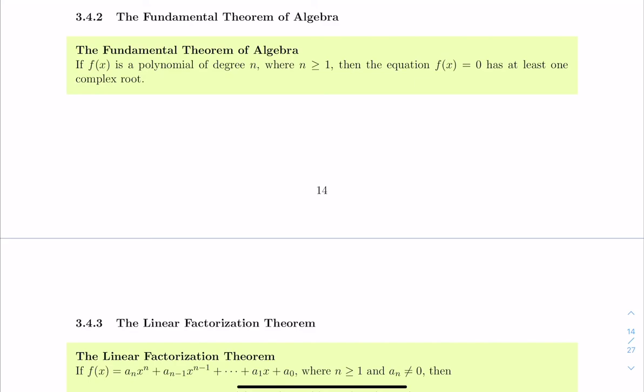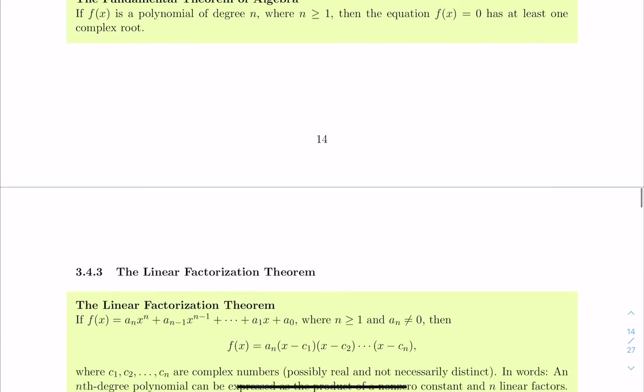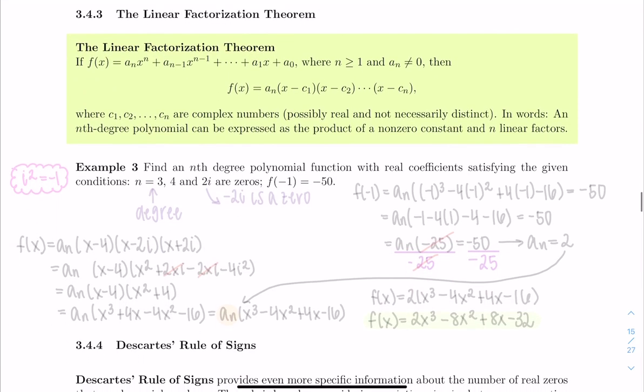The linear factorization theorem says that if f of x is a polynomial where n is greater than or equal to 1 and a sub n is not 0, then f of x is equal to a sub n times x minus c1, x minus c2, all the way down till x minus cn, where c1, c2, cn are complex numbers, possibly real and not necessarily distinct. In words, an nth degree polynomial can be expressed as the product of a non-zero constant and n linear factors. So if I have a third degree, I can separate it as 3 linear factors.